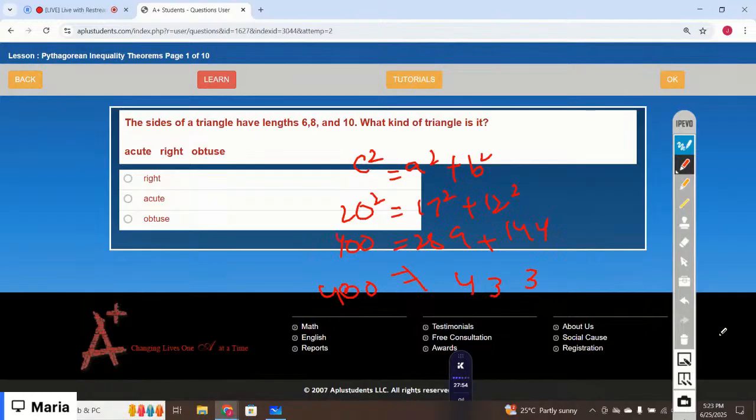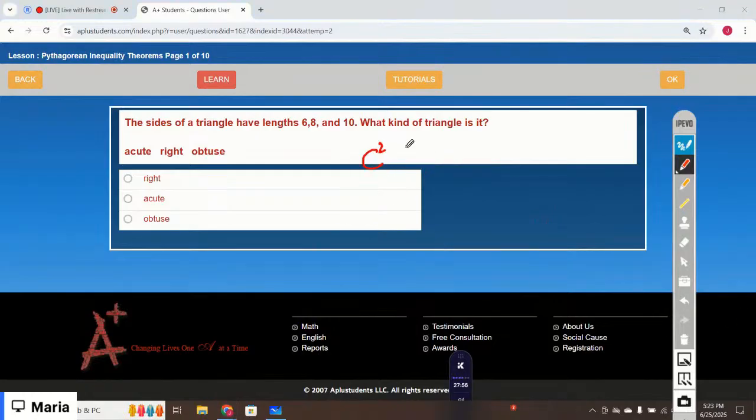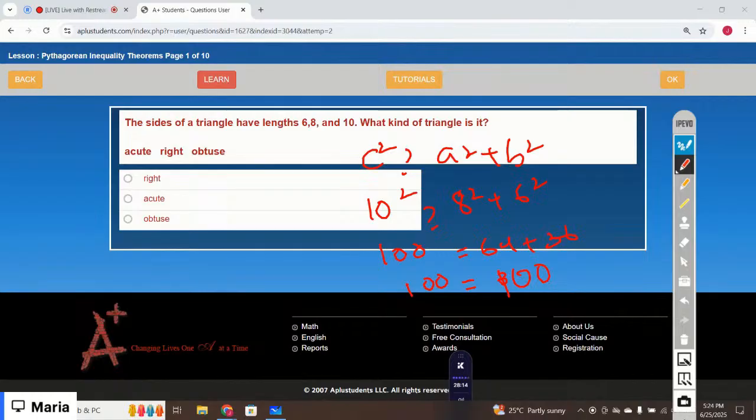The longest side is c square, right? So c squared, a squared plus b squared. C is 10, 10 squared, 8 squared plus 6 squared. 100 equals 64 plus 36. So both sides are exactly equal. That means that is a right triangle, the right option is option number one.